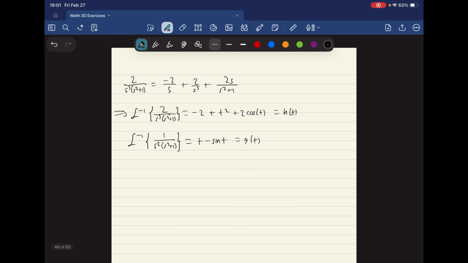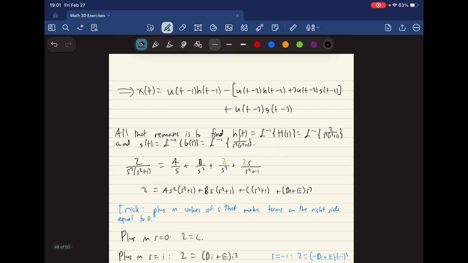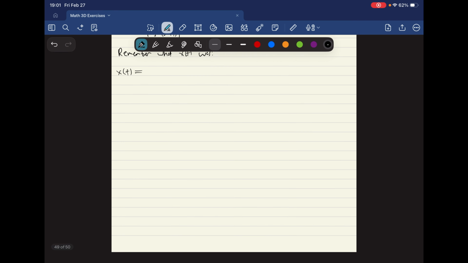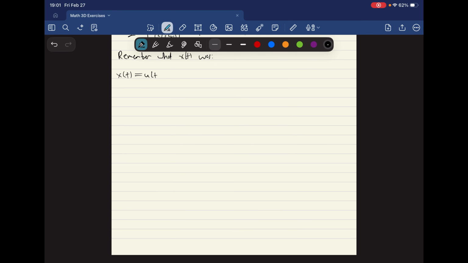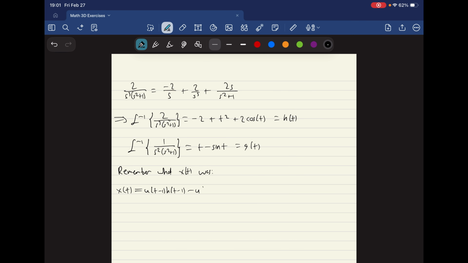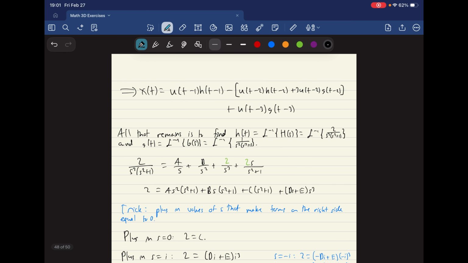So then, just remembering what our x of t was, we figured out that it was exactly all of this. So we had u of t minus 1, h of t minus 1, minus u of t minus 2, h of t minus 2.